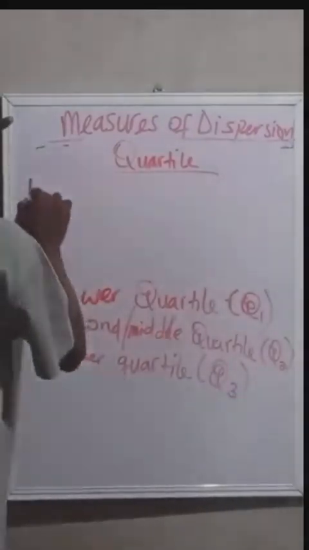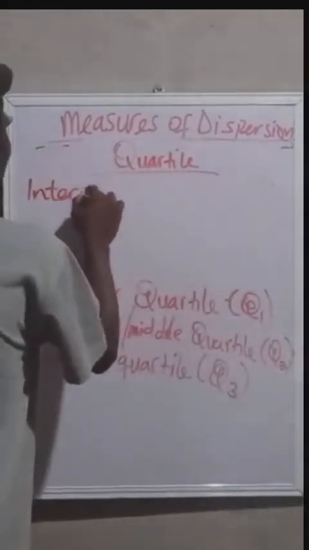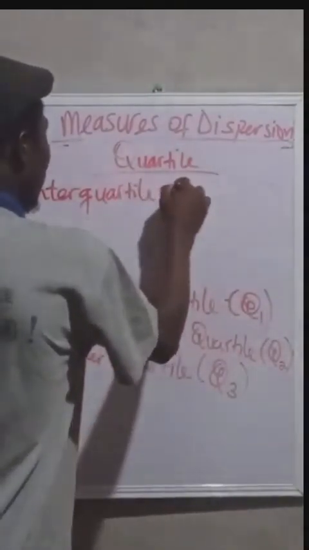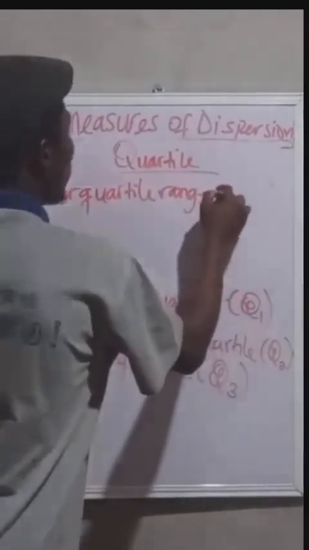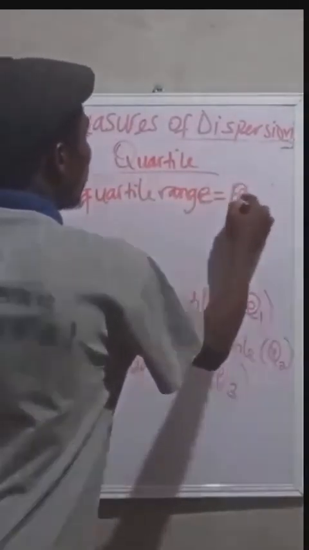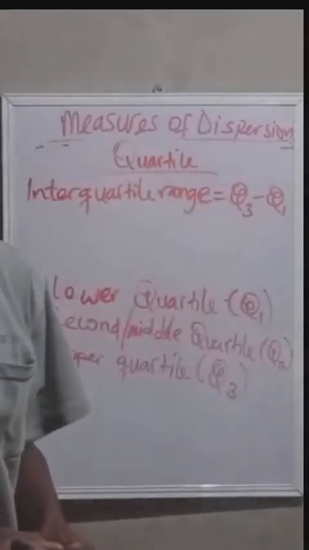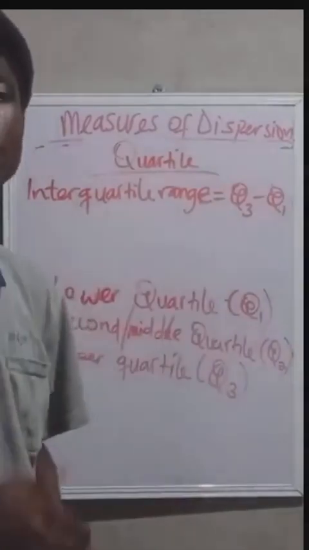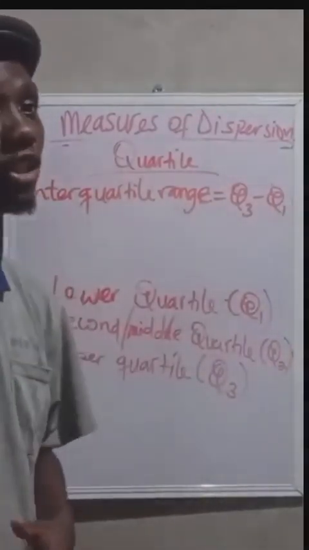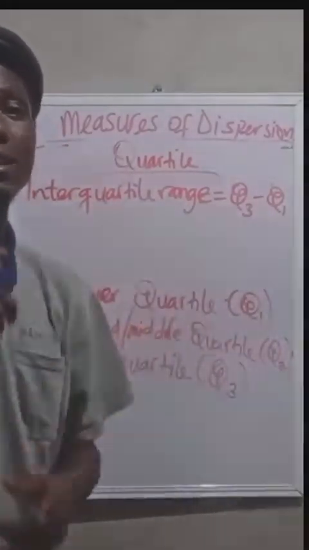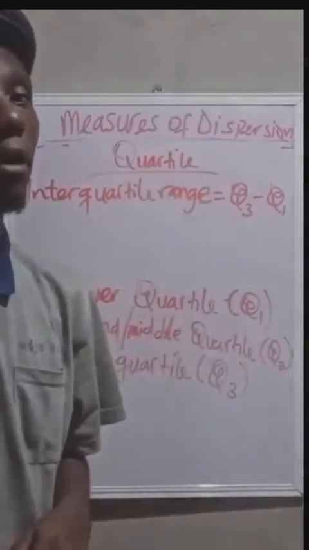Your interquartile range is equal to Q3 minus Q1. Remember that when we were talking about range before, we said the highest minus the lowest. That is our range, right?